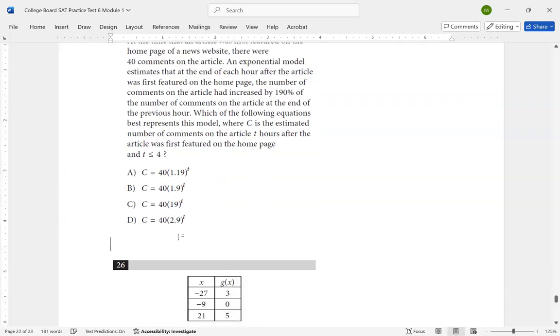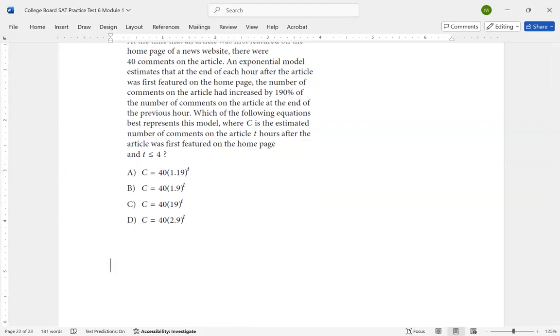So the key there is noticing that we're talking about an increase by 190%.